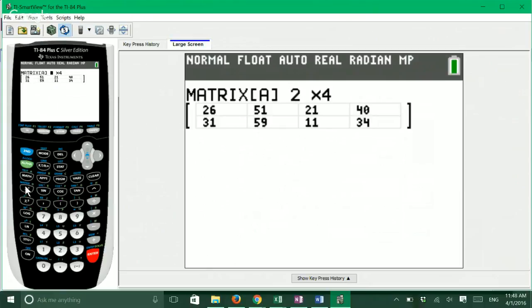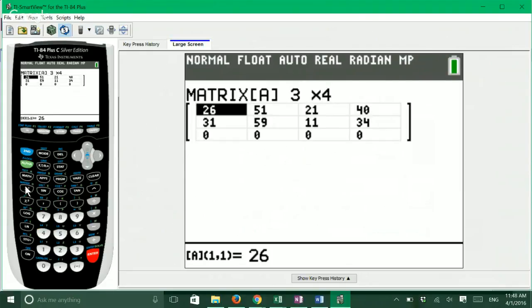So this is 3 rows by 4 columns. 3 by 4, not 34.